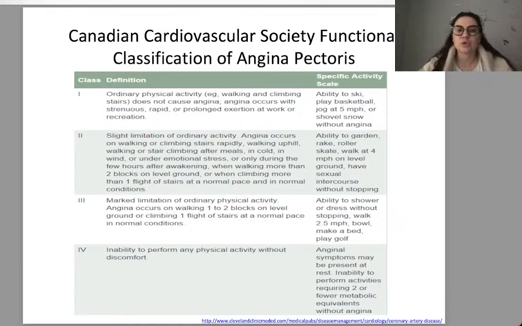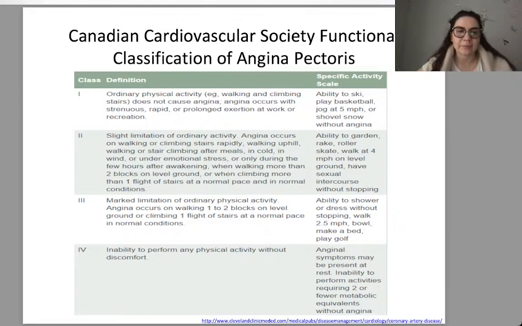It occurs when walking more than 2 blocks on level ground, or when climbing more than one flight of stairs at a normal pace in normal conditions. What specific activity are such patients able to do? They are able to garden, rake, roller skate, walk at 4 miles per hour on level ground, and have sexual intercourse without stopping.